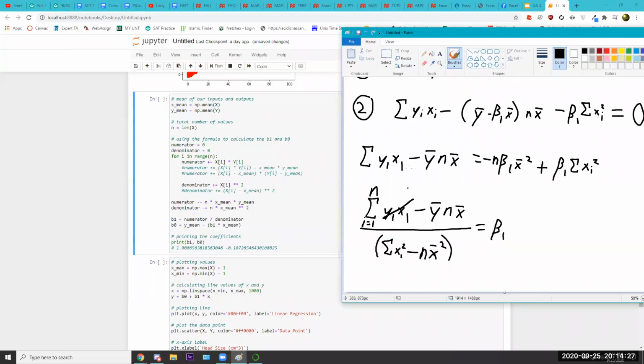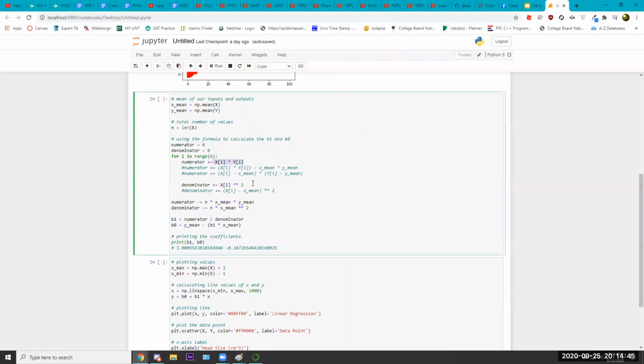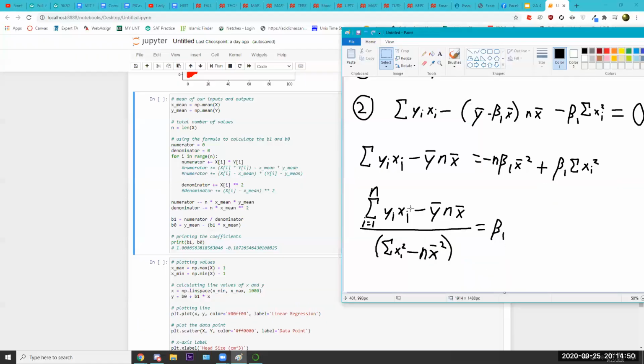That's what we have here. We're adding up all the yi times xi. So we're just going to go through all that: y1 times x1, y2 times x2, add them all up to our numerator. And now we're going to go to our denominator and do the same thing here.